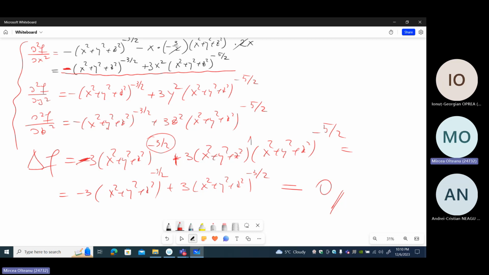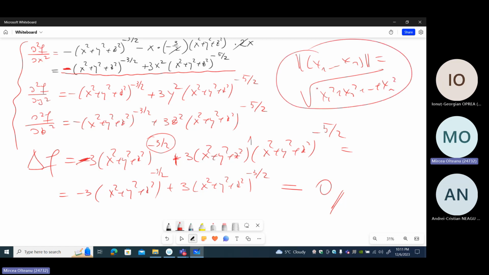And that symmetry is somehow related to the norm of the vector of coordinates x1, ..., xn in R^n, which is the root of x1 squared plus x2 squared and so on. You see, in this function we have the expression all the time: x squared plus y squared in 2 variables, x squared plus y squared plus z squared in 3 variables. So the symmetry is somehow related to this expression, which is itself symmetric in these variables. Yes? Okay.